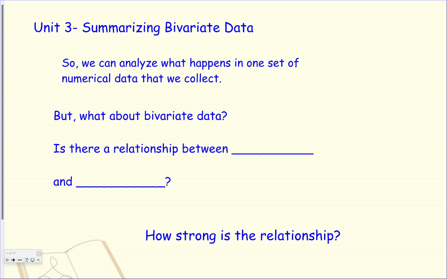But what if I wanted to compare two pieces of information, say quiz 1 to quiz 2? Did students do better? Did students do worse? Is there a trend over time as far as scores go? Or is there a trend between really any two variables? We can pick pretty much anything that we can try to find some sort of relationship between.